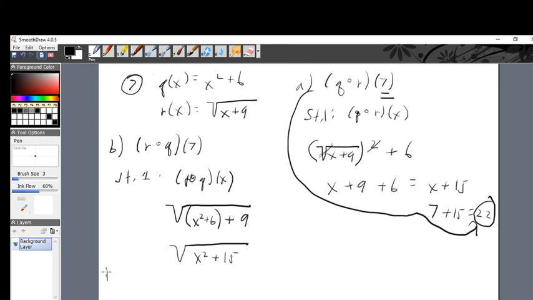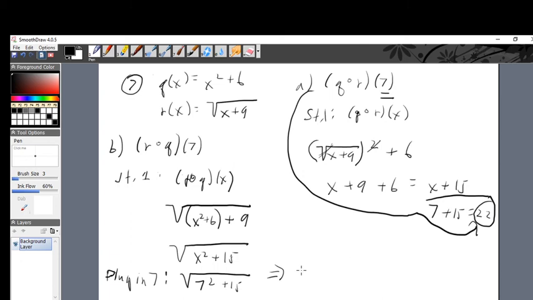Now, plug in 7 into here, right? Just like over here, we plugged in 7. We got our generic, and then we plugged in 7. Let's plug in 7 here. So, the square root of 7 squared plus 15. I'm going sideways now, horizontal.